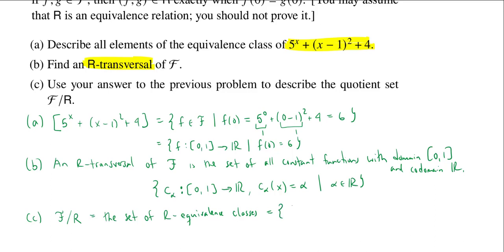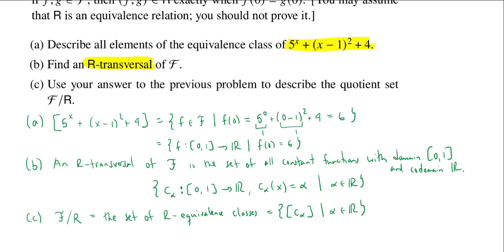So I could take the set of all of these C alphas, the equivalence classes of all these C alphas, as alpha runs through all the real numbers. Each one of these C alphas gives me a different equivalence class. And so this would be the quotient set. It's at least one way to write it down.